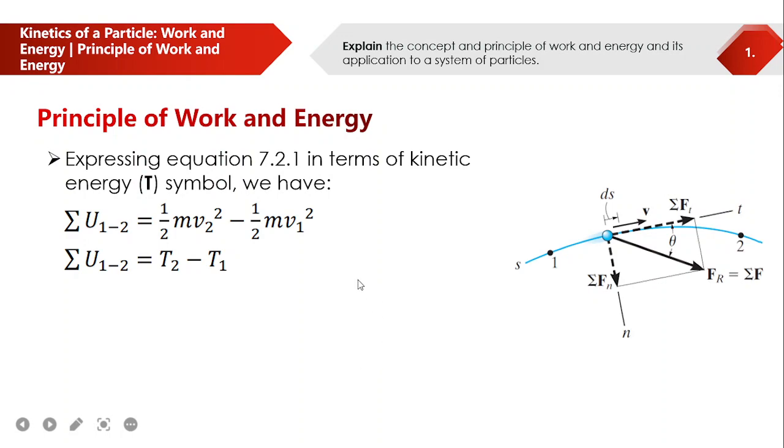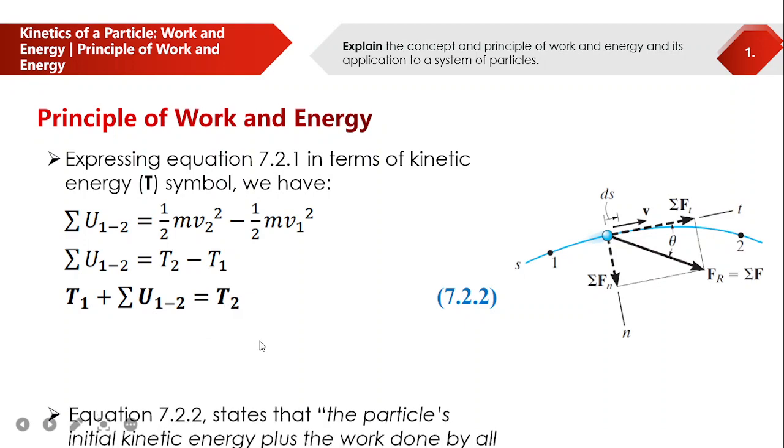Sinubstitute lang natin yung symbol na T sa kinetic energy kasi nga kinetic energy lang din to. So we can rewrite this as T sub 1 plus the summation of all the work done by the forces when your particle moves from 1 to 2 is equal to the final kinetic energy, T sub 2.